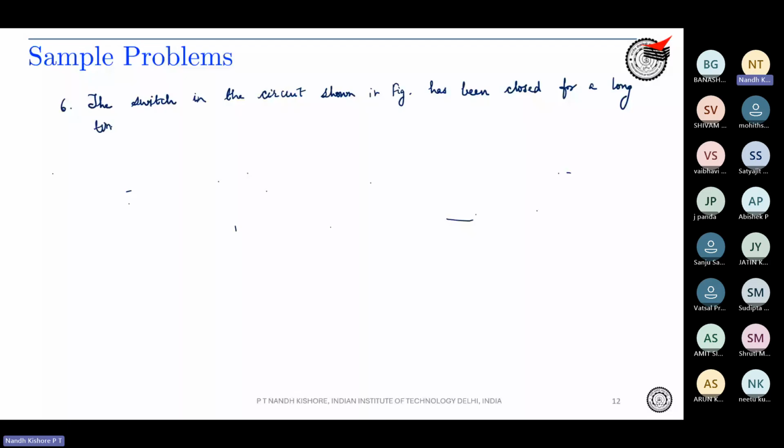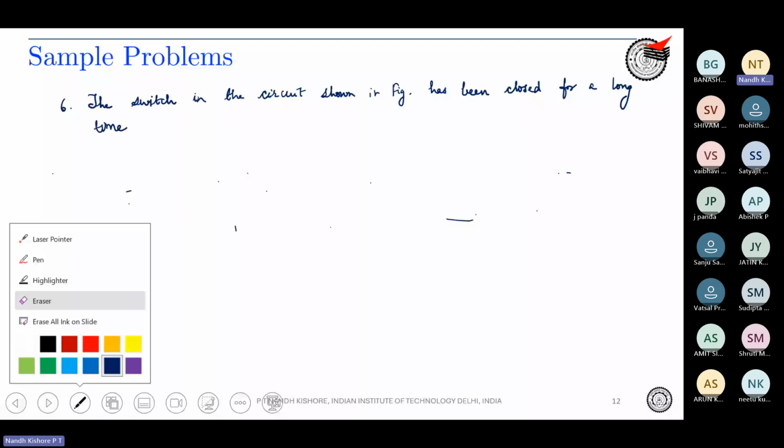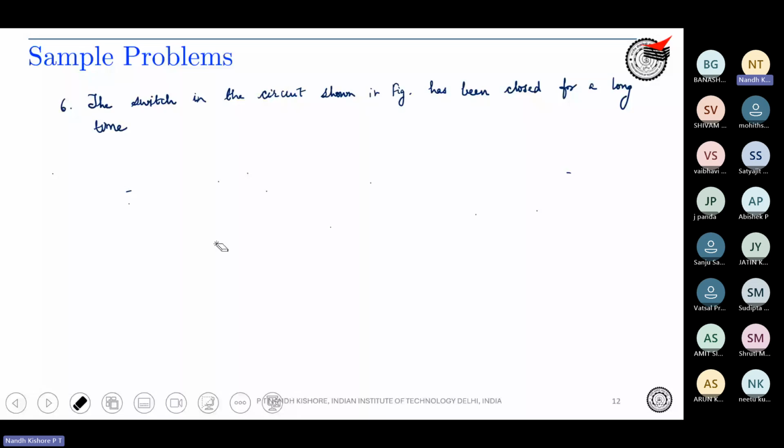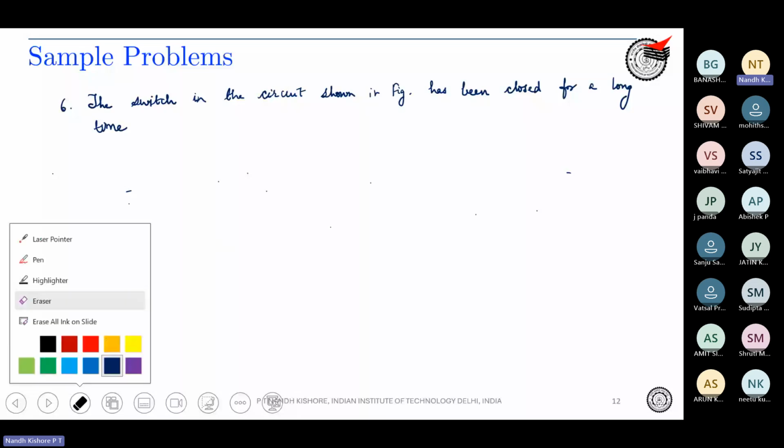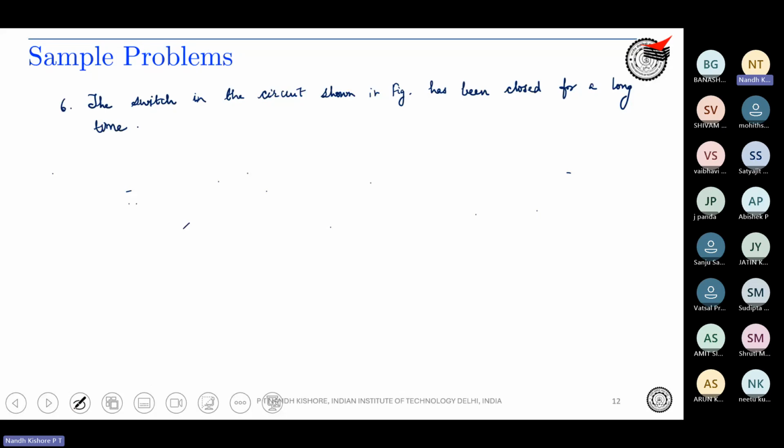Okay. So some switch was closed for a long time. If someone says that some switch has been closed for a long time, it means that till that time the circuit was in steady state. Because it's been a very long time, you assume t equal to infinity. So if someone says it's long time, it means that the circuit was in steady state.